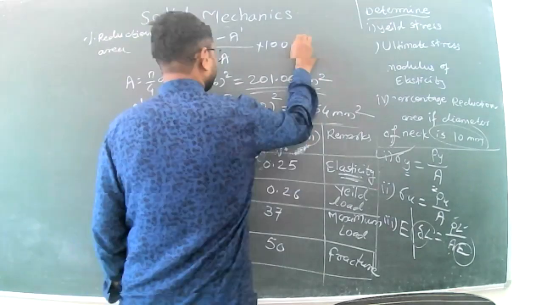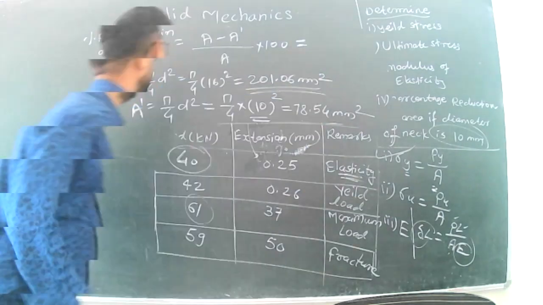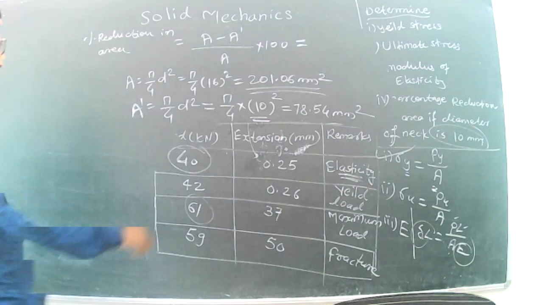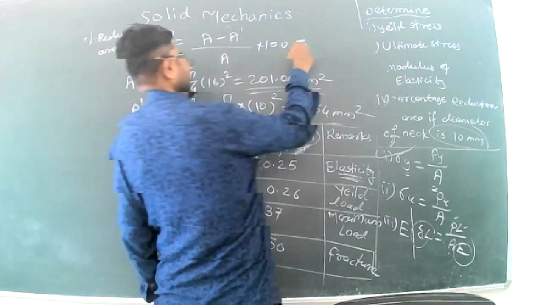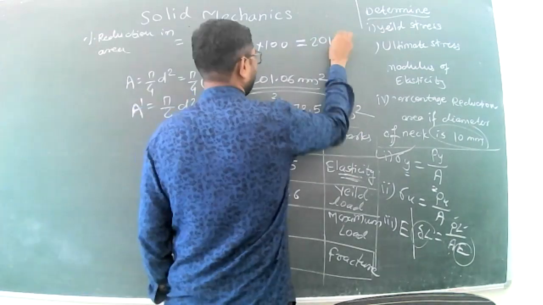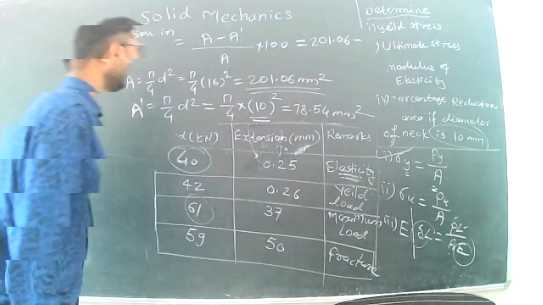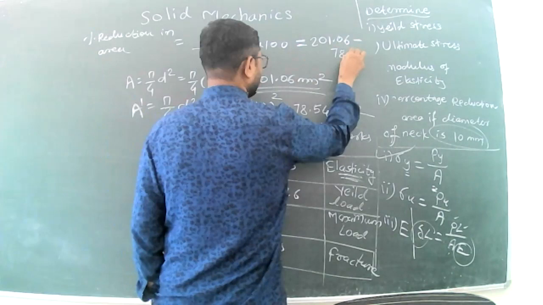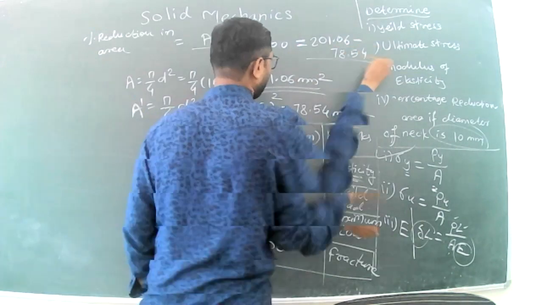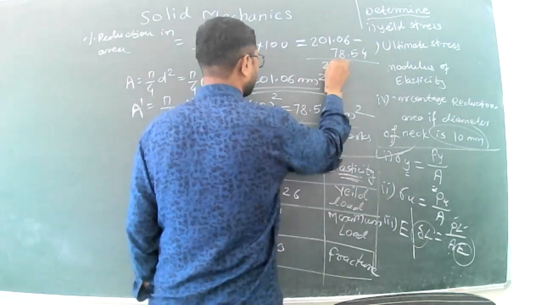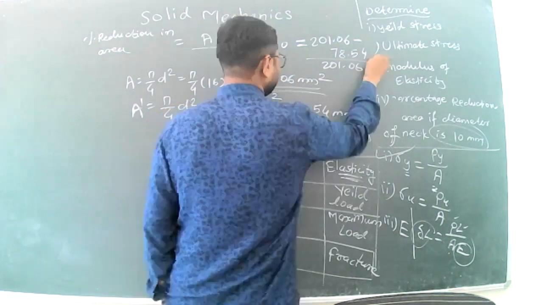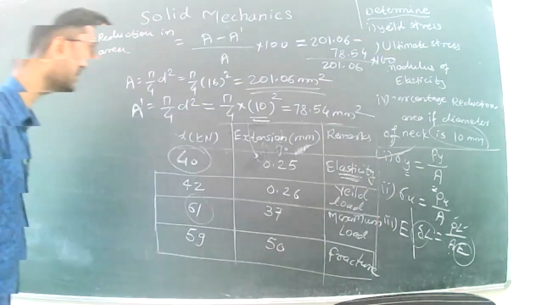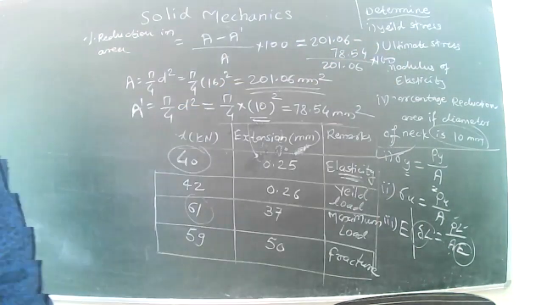So we put 201.06 minus reduced area 78.54, upon original area 201.06, into 100.